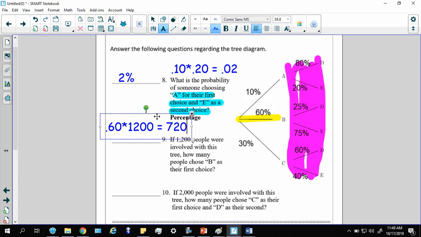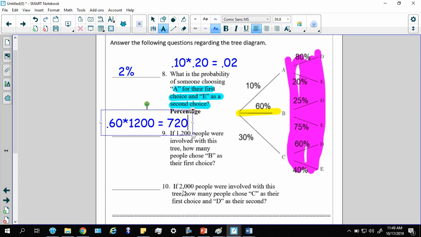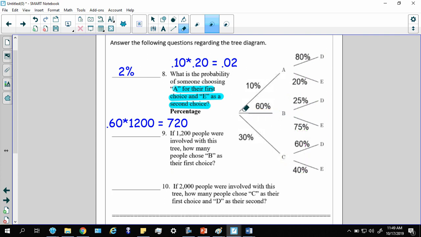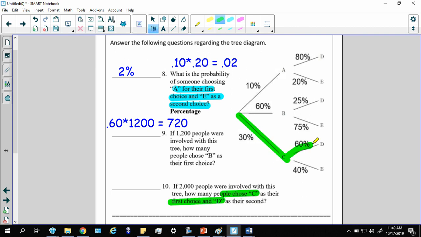That's it. For question number 10, it says, if 2,000 people were involved with this tree, how many people would choose C and then D? Okay, we're going to have to use the whole thing now. So let me bring the whole thing back to play here. Now, this question 10 is very similar to question 8. You're going to be dealing with multiple branches, and you're going to be multiplying. Choosing C, that's a 30% chance, and then choosing D, which is a 60% chance.